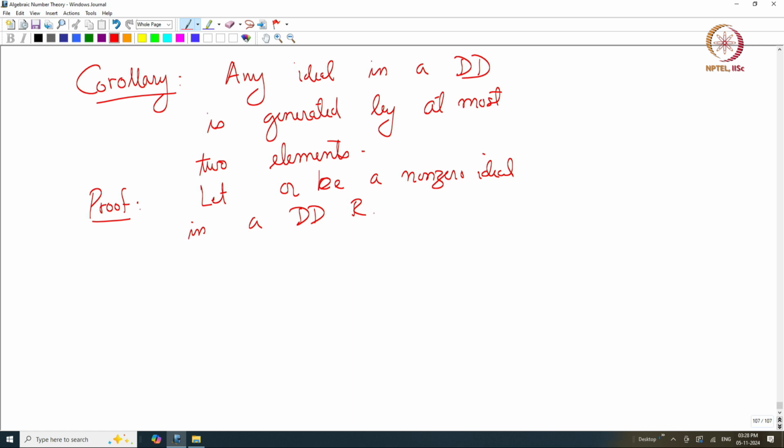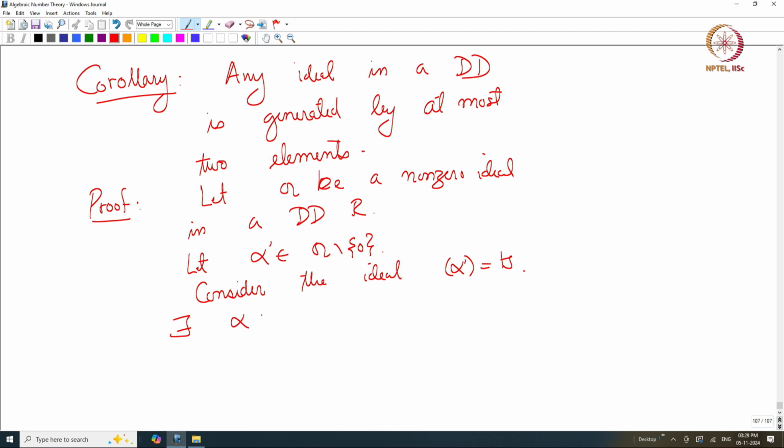The proof will show that you can take any non-zero element in A, then there will be another element in A such that the first element and the second element together generate A. Okay. So, let alpha be any element of A which is not 0, okay, and consider the ideal B equal to alpha R, divided by A. Maybe let me call this alpha prime.